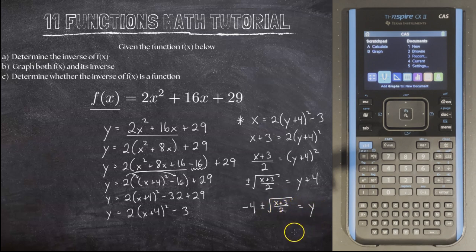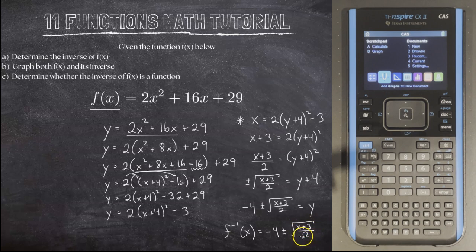So that is our inverse function, which we typically denote as f to the negative 1 of x, which in this case is minus 4 plus or minus the square root of x plus 3 over 2. But let's do a couple checks.